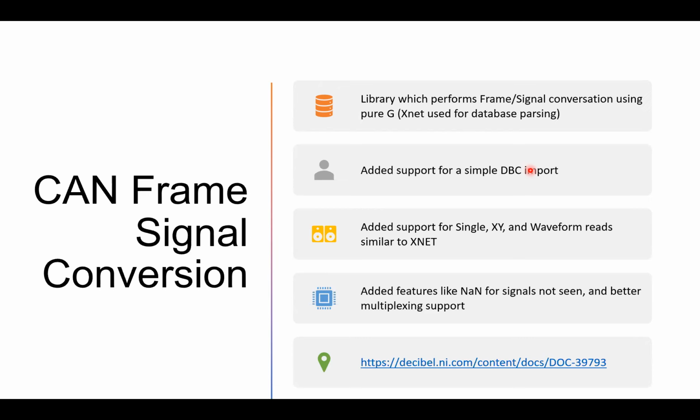We can also add support for frames. Basically, if you are reading the data in a frame and want to convert that frame into a signal, this kind of conversion and taking the default values or signal units can be done here. For more reference, you can refer to this link.